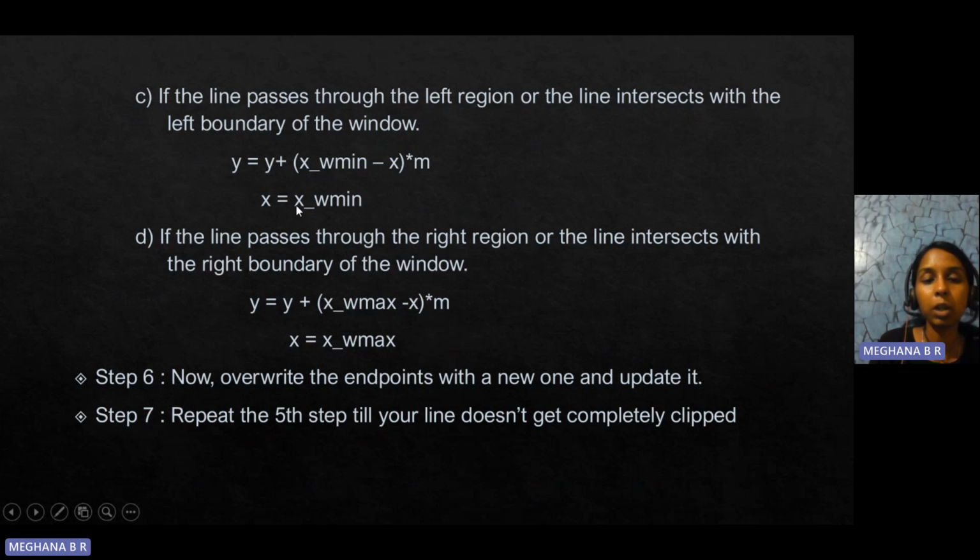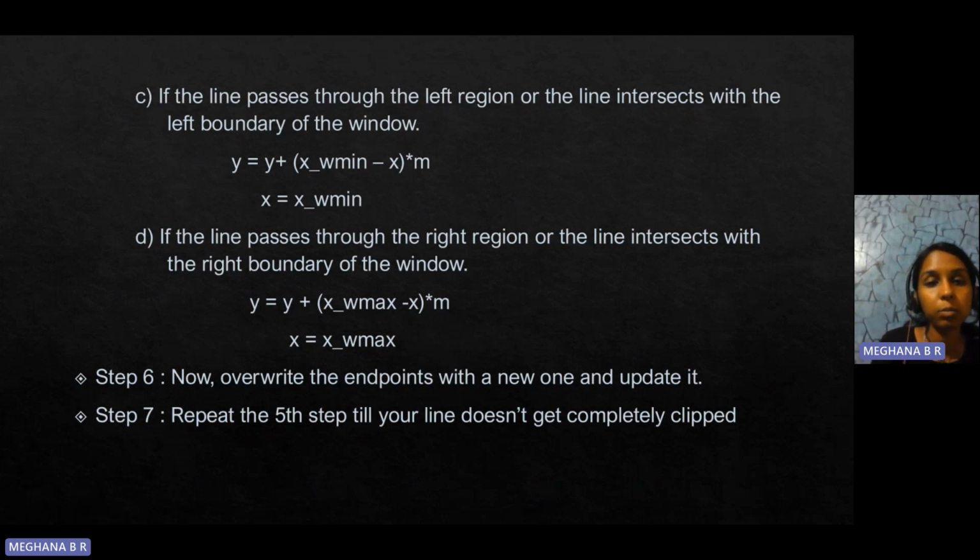And x will be equal to x w min. And suppose the line intersects with the right boundary of the window, then y will be equal to y plus (x w max minus x) into slope, and x will be equal to x max. So you have to perform the calculation using these formulas.